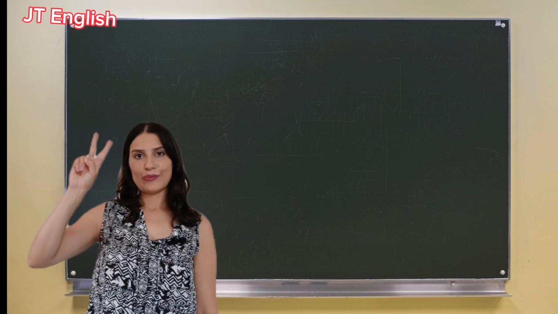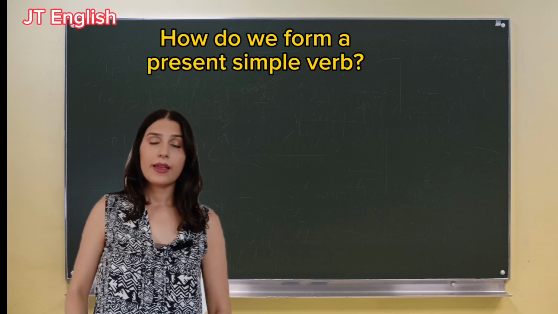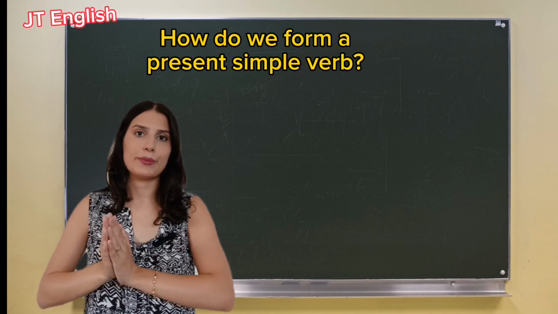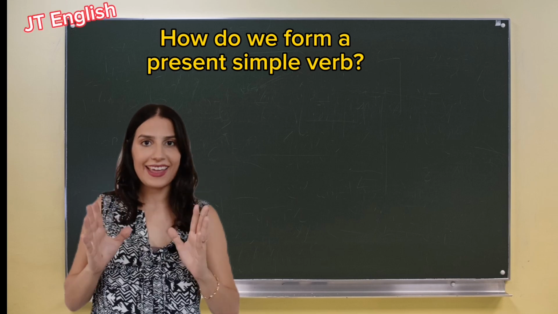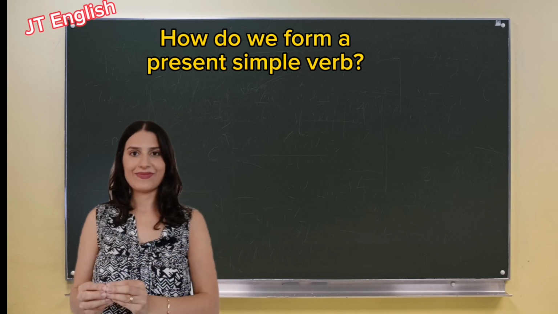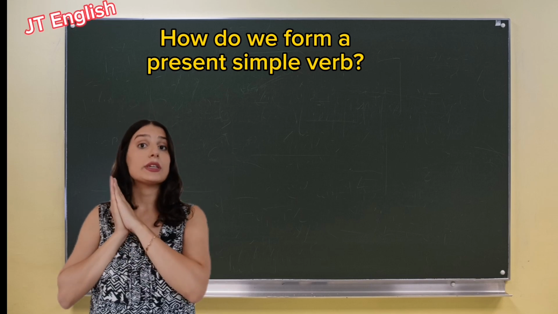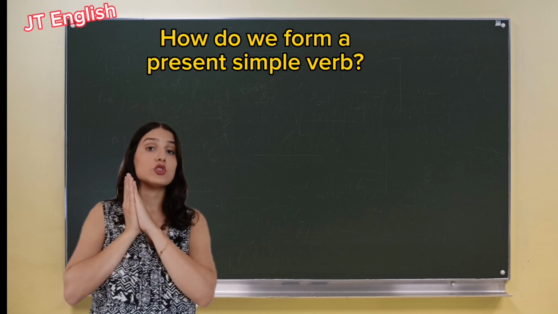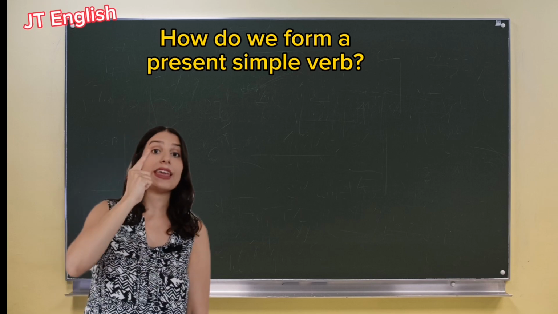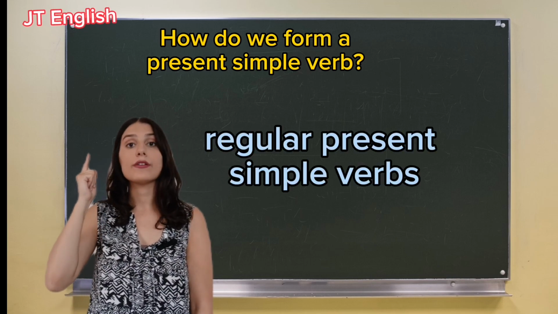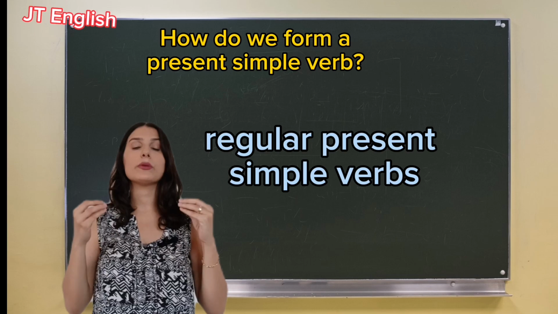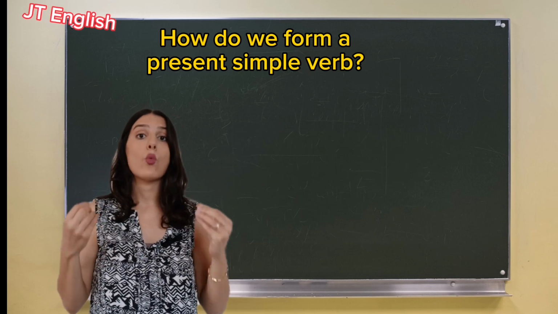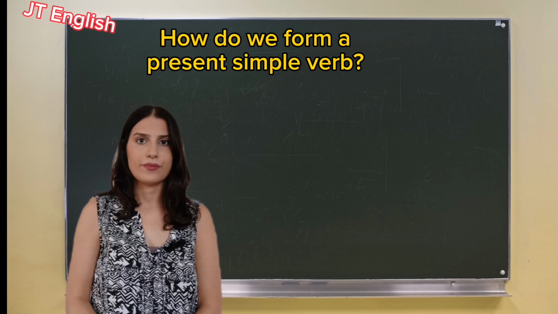Question number 2. How do we form a present simple verb? Don't worry, it's a piece of cake. It's so easy. I just want you to take into consideration that I'm just talking about the regular present simple verbs. And later on, I will teach you about the irregular ones in another video.